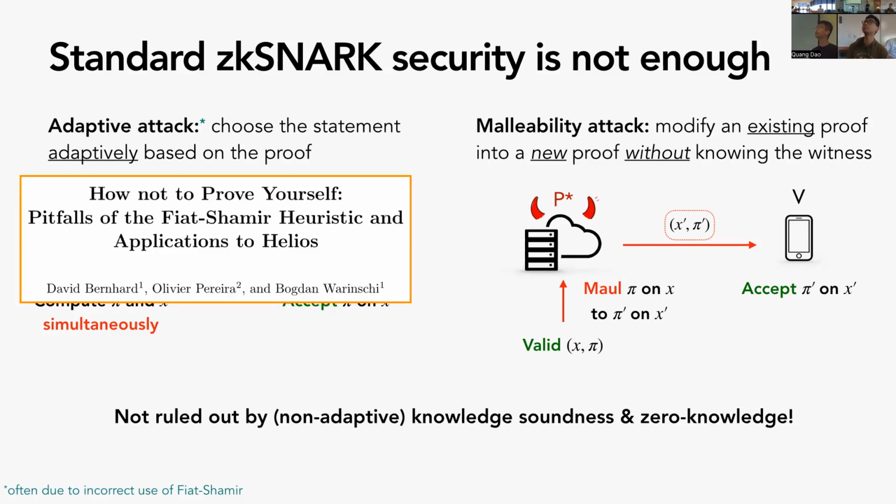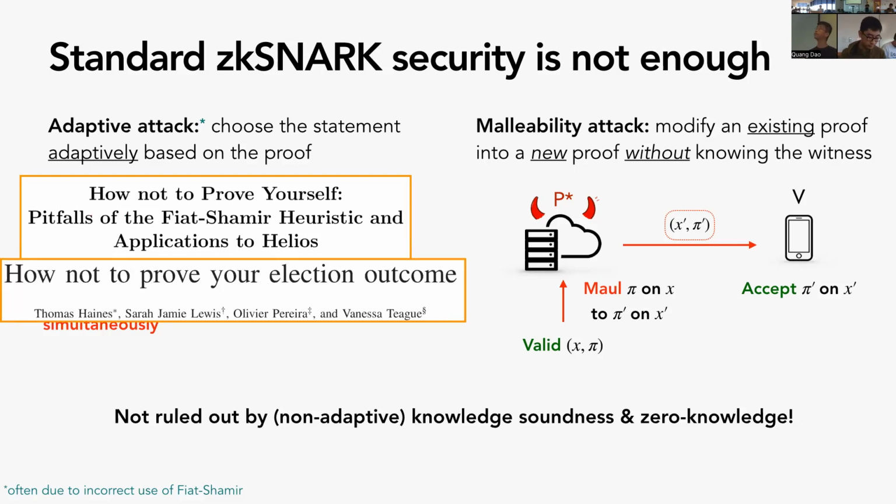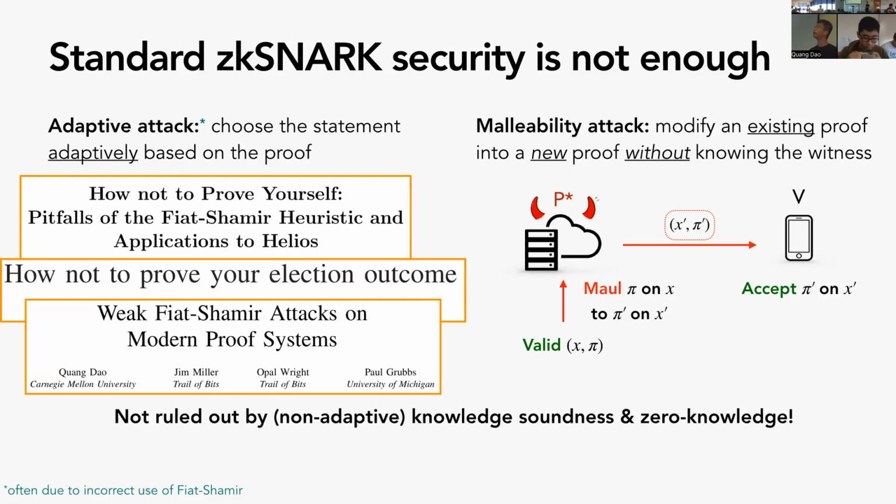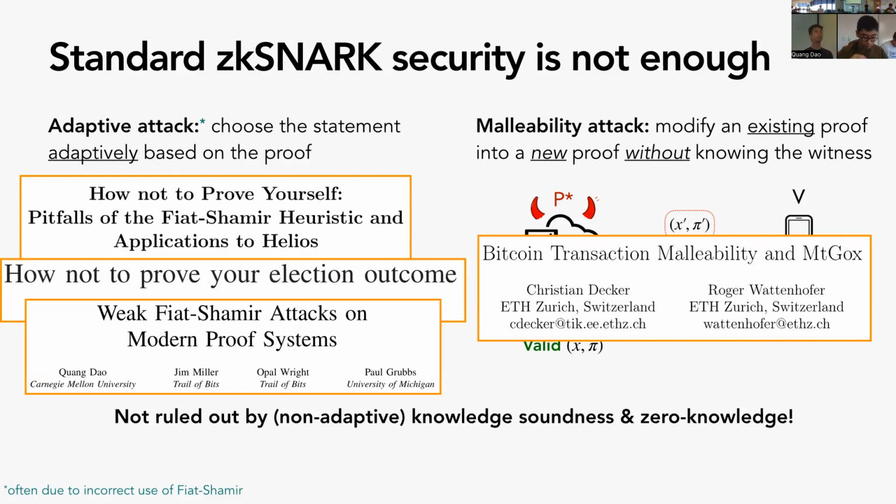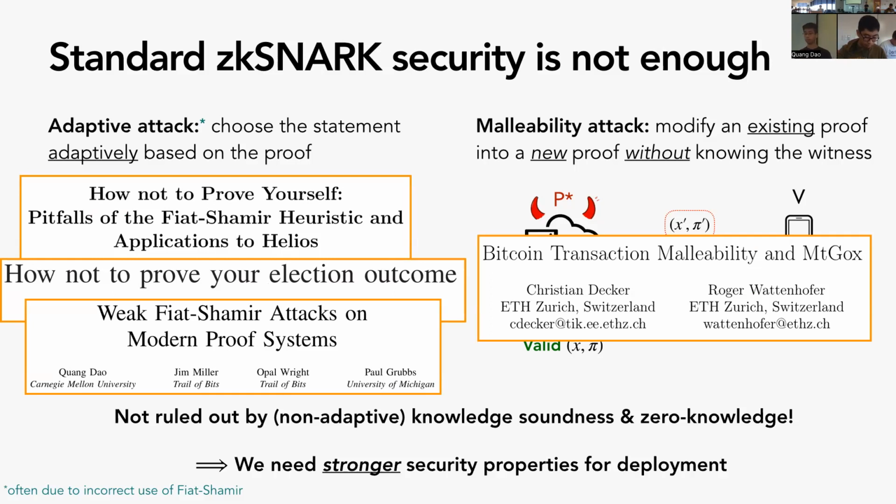And in fact, we've seen some attacks in practice for adaptive attacks, insecure instantiations of the Fiat-Shamir transform, which I'll talk about later, have led to attacks against the Helios voting system, and so on. Malleability attacks have also been problems in Bitcoin transactions. Our takeaway here is that we need stronger security properties for deploying zkSNARKs.